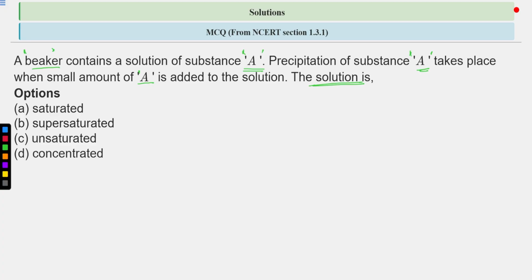What would you call that type of solution? The options are saturated, supersaturated, unsaturated, or concentrated.